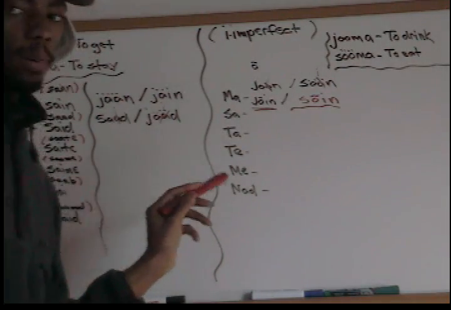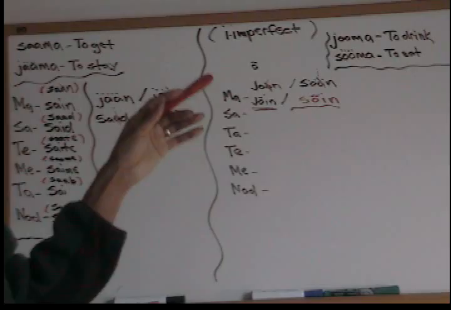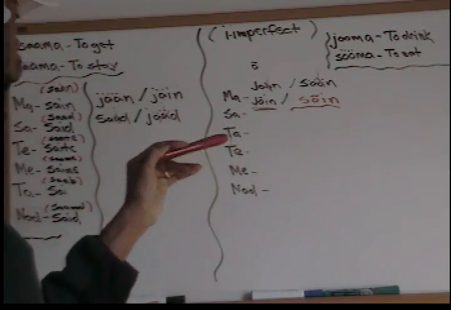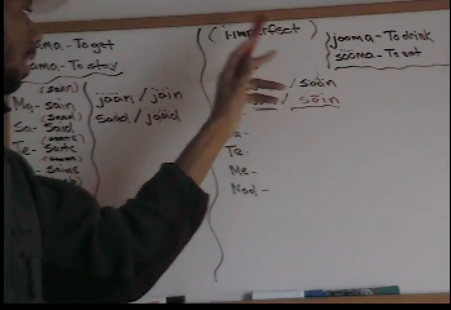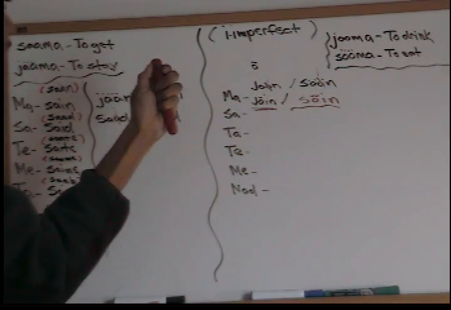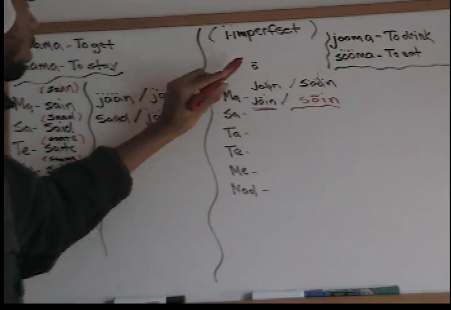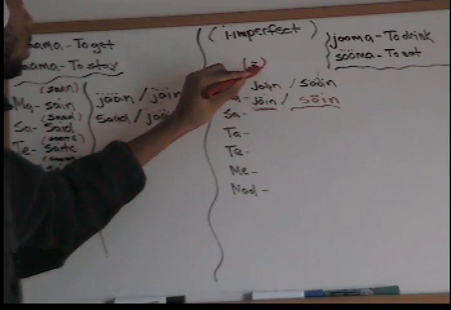So that's what's going to happen with these other ones with the O's. Yoma, sema, loma, those O's, you're going to drop off the second O and turn it into this here. This is pretty difficult to pronounce.